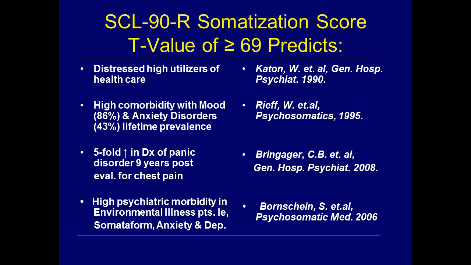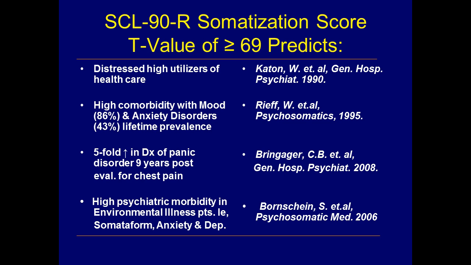And then high psychiatric morbidity in environmental illness patients, that is, high levels of somatoform, anxiety, and depressive disorder. So this is a little hallmark that you can kind of tuck away if you're using these instruments and look for to see what it tells you.